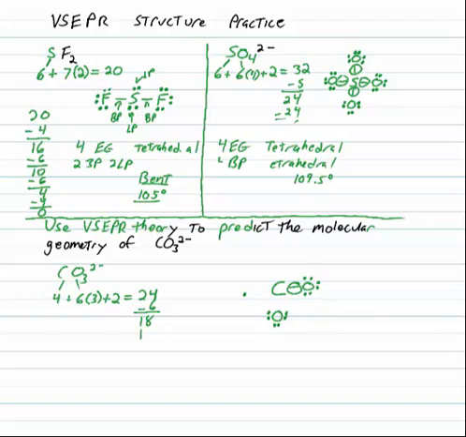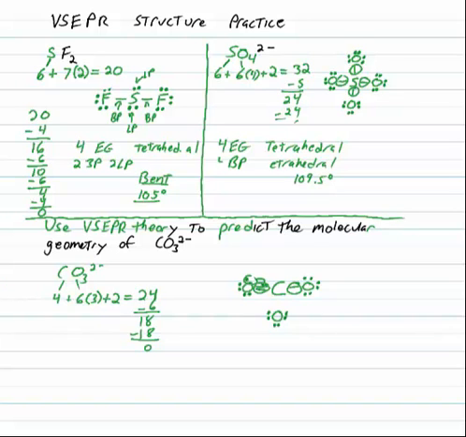That used up all 18 of my remaining valence electrons. Now we see each oxygen has an octet, but the carbon does not, with only 3 bonds to it. So we're going to have to make a double bond, and we can take a pair from any of our oxygens and just move it there to make a double bond to carbon. Now we have our valid dot structure for the carbonate ion.